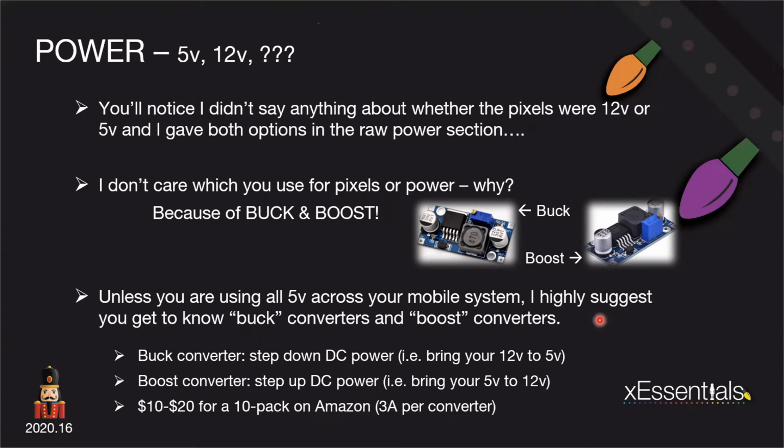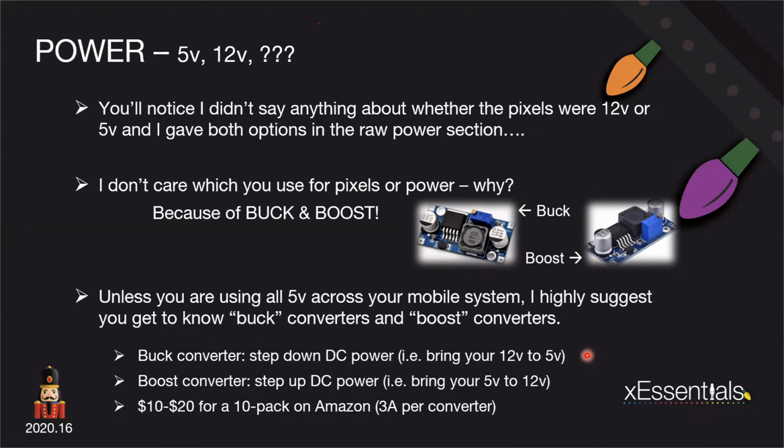Use buck and boost. And oh, by the way, you can use buck and boost in your home displays. Even though I'm majority 5 volt, my floodlights are actually 24 volt. And I do have some 12 volt props. And I just happen to use the buck converters to drop the 24 volts down to 12 volts for my 12 volt items.